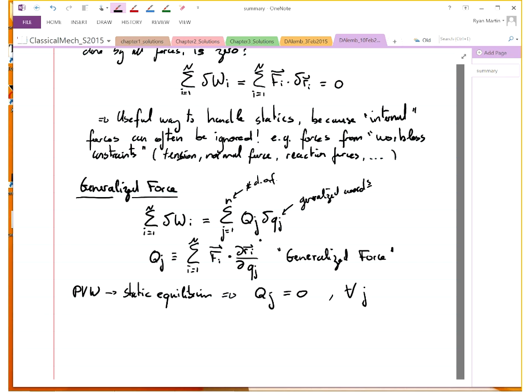So after that, I gave you a procedure for solving these static problems using this new method, and we did one example, which I believe is example 3.3. So let's do another example today to start off on this principle of virtual work. We'll do example 3-4, and then after that we'll leave the last example for Thursday.